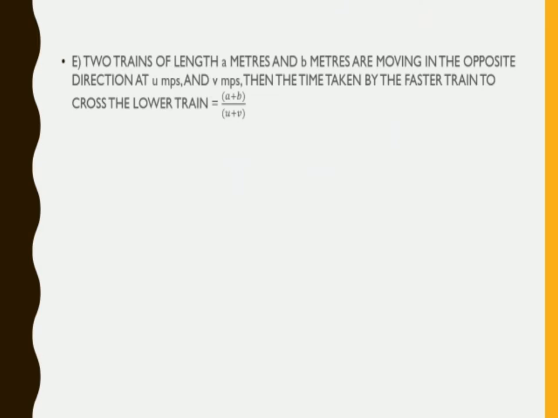In this subtopic, two trains are moving in opposite directions and we have to find the time taken by one train to cross the other train, that is, one train to meet the other train. In this case, we have to add the lengths of both the trains as we did in the previous type, and as they are moving in the opposite direction, we have to add both their speeds.